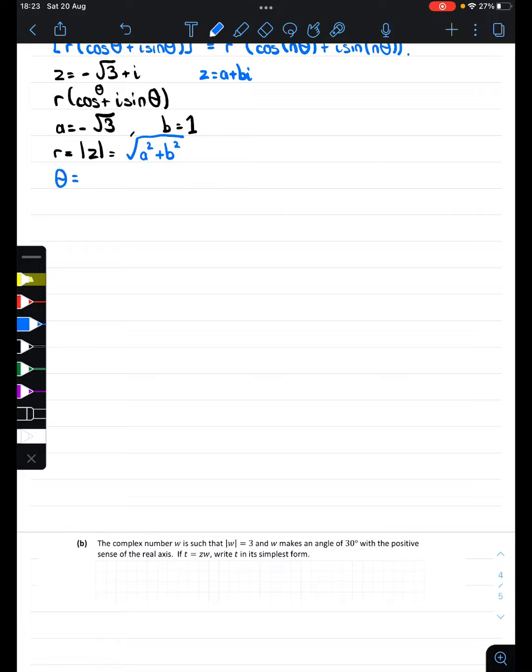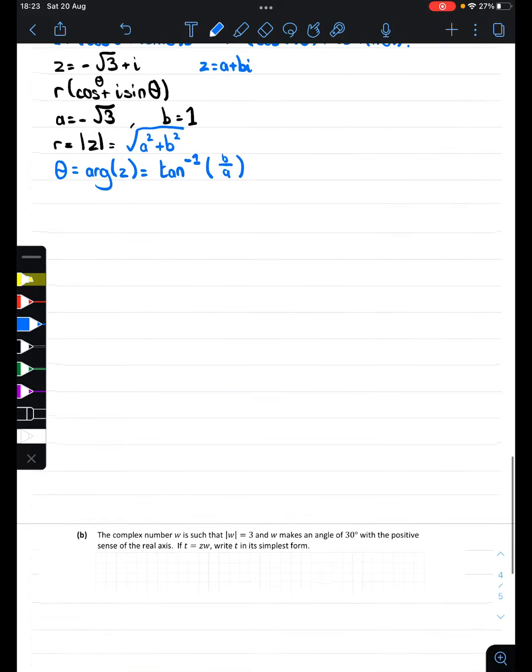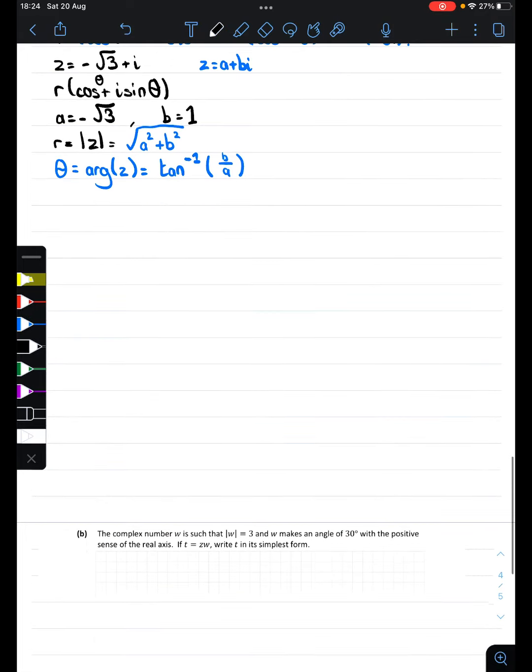Theta equals the argument of z, which the formula for is tan inverse of b over a. Okay, and now we can just sub into these formulas.